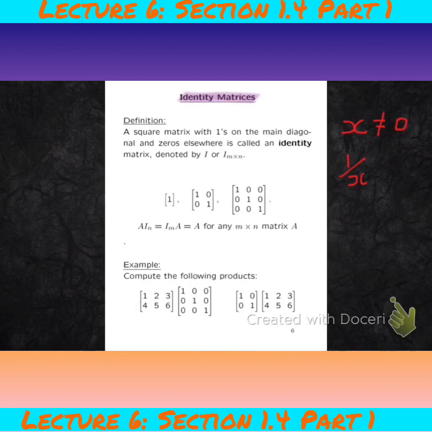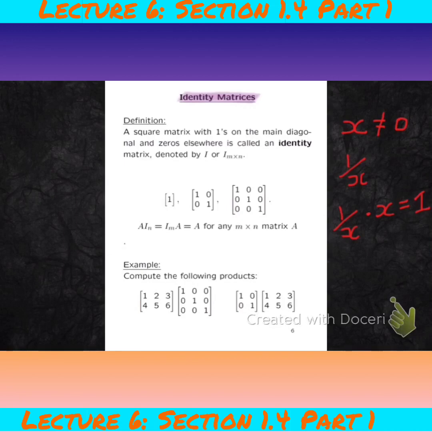If you multiply the inverse of a real number with the real number, you get 1, and we say that 1 is the identity number in the case of real numbers. It's the identity because multiplying any real number with 1 gives the real number itself, so it doesn't change.